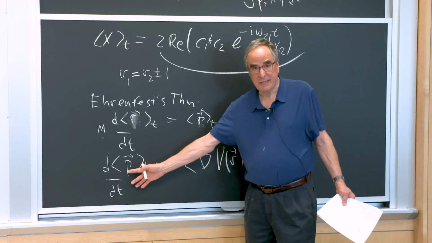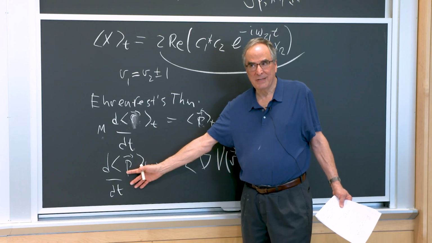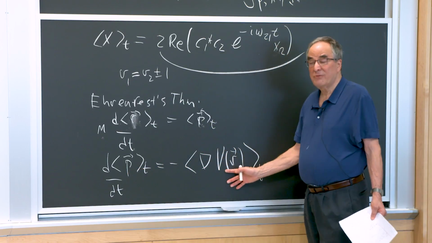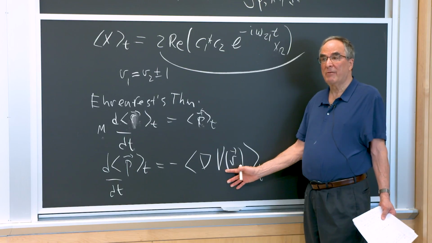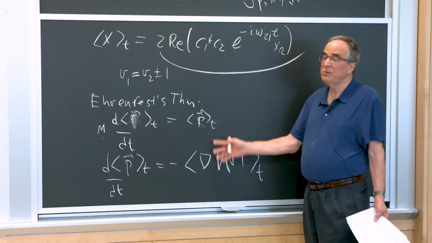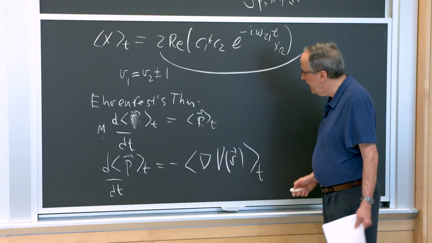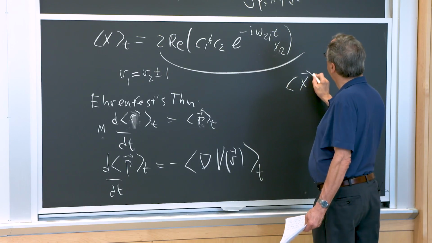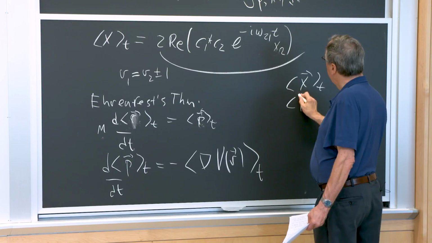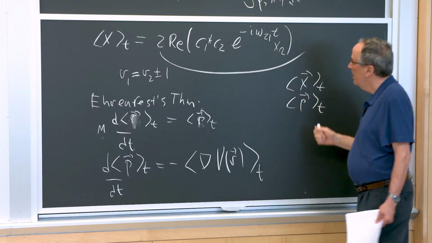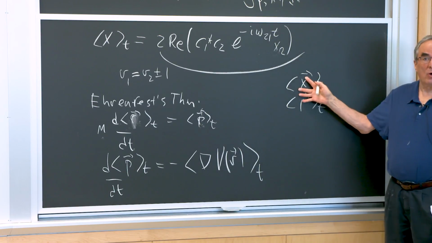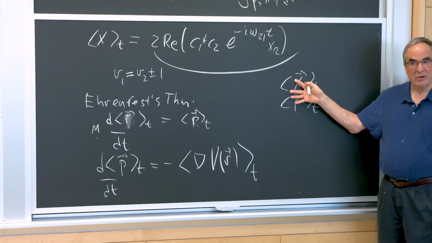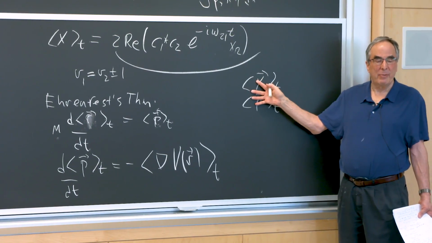Well, this is acceleration times mass, and this is force, minus the gradient of potential is a force. And these are Newton's two equations. And what they're saying is if we know these things, we know something about the center of the wave packet and how the center of the wave packet moves.